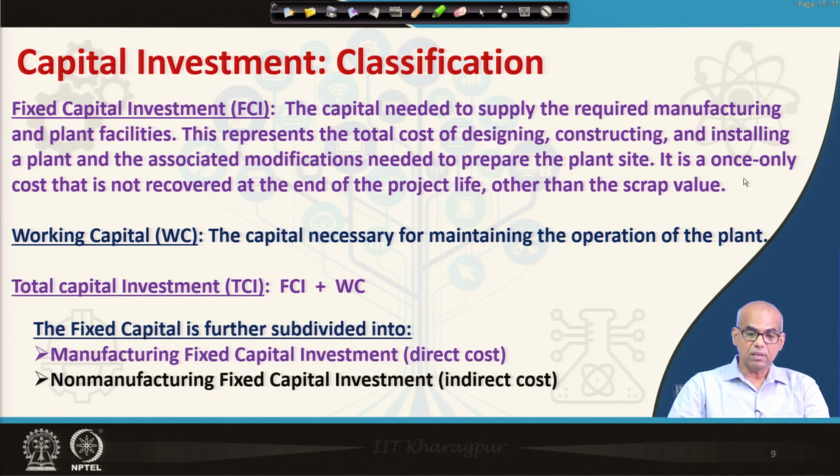The fixed capital investment is further subdivided as manufacturing fixed capital investment, also known as direct cost, and non-manufacturing fixed capital investment, also known as indirect cost. So, total capital investment is fixed capital investment plus working capital, and fixed capital investment is further divided as direct cost or manufacturing fixed capital investment and indirect cost or non-manufacturing fixed capital investment.